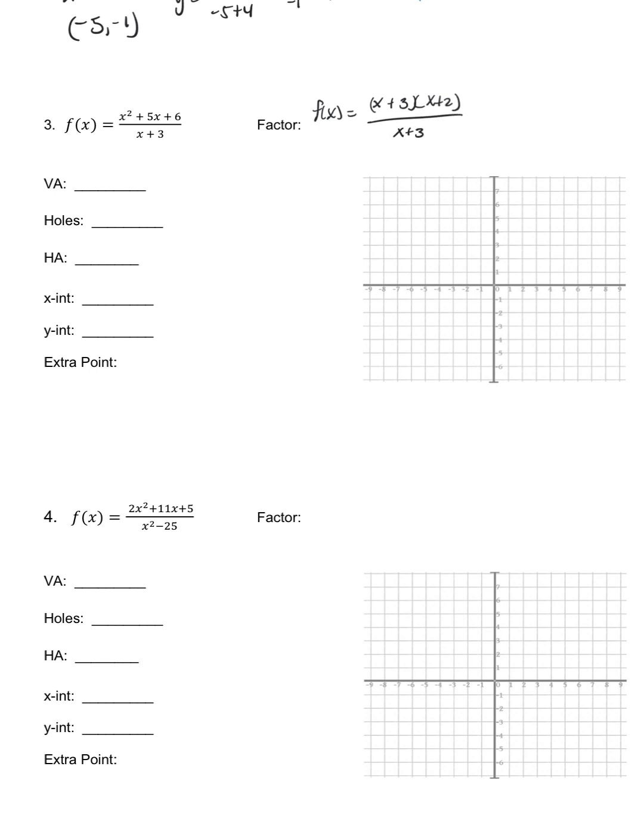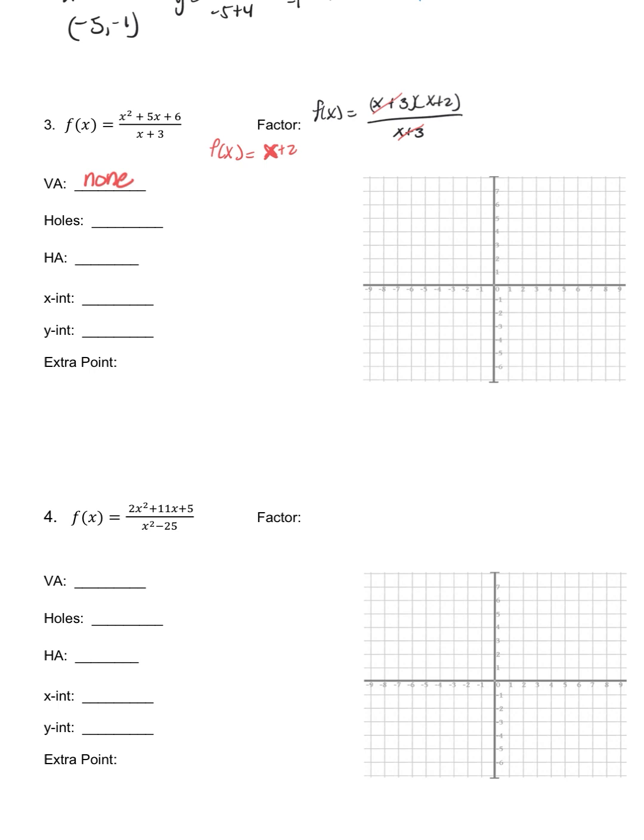We will cancel, and so our simplified function is f of x equals x plus 2. Okay, so let's go in order. Vertical asymptote: when looking at this function, is there any variable in the denominator? No, so therefore there is no vertical asymptote, so please put none.